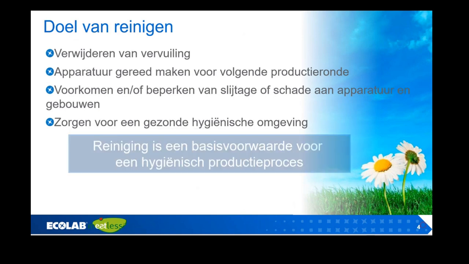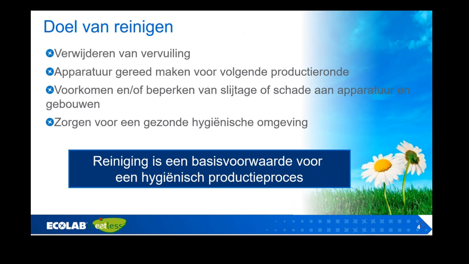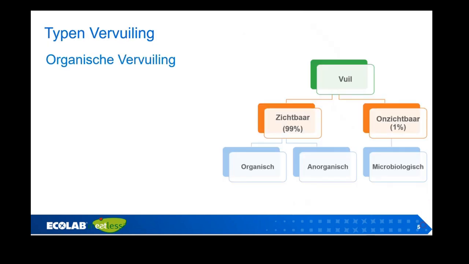And cleaning is a necessary basic condition. How do you say that? It's necessary for a hygienic production process. So good cleaning assures that you can make a food quality end product.